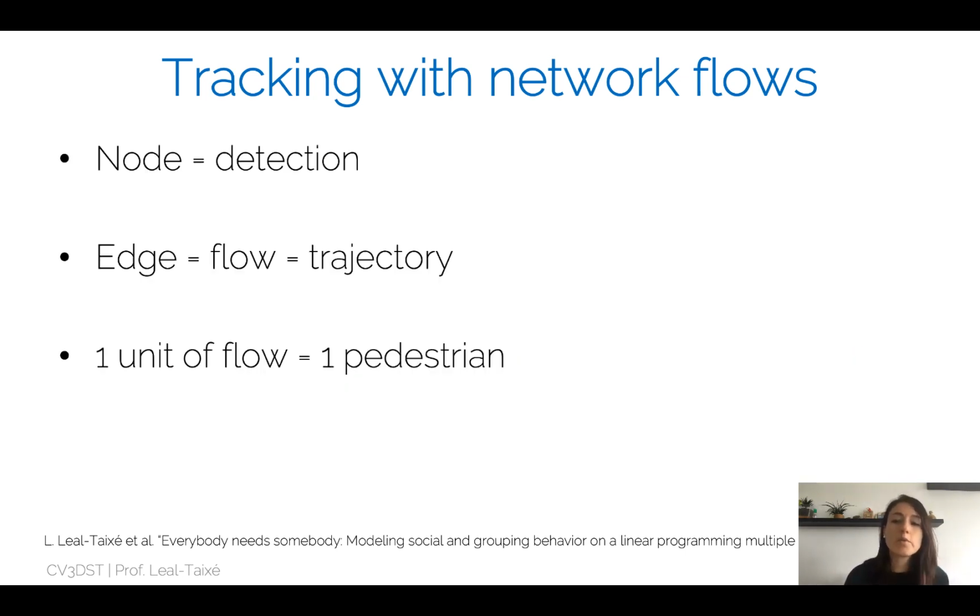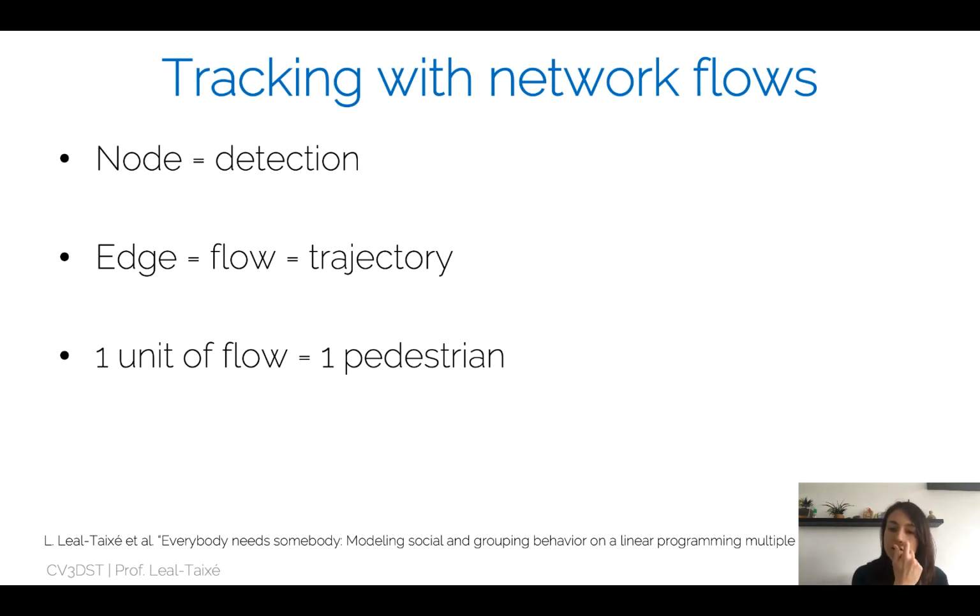So again, it is important to go over the concepts again, right? So what does each element in the graph represent? In this case, the nodes represent the detections and the edges represent connections between these detections. So effectively, what they represent is a trajectory. And then we have another concept, the concept of flow. You have probably seen in the title that I've written tracking with network flows.